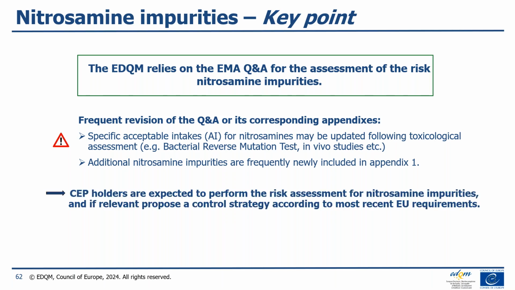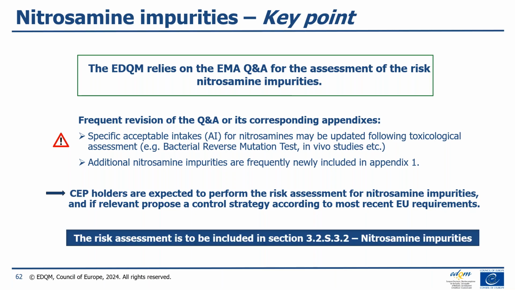So we do expect CEP holders to perform the risk assessment for nitrosamine impurities and, if relevant, propose a control according to the most recent EU requirements. Please ensure that you are referring to the latest version of the document. And again, the risk assessment is to be included in your dossier in section 3.2.S.3.2 under nitrosamine impurities.